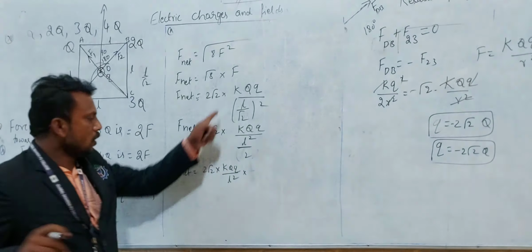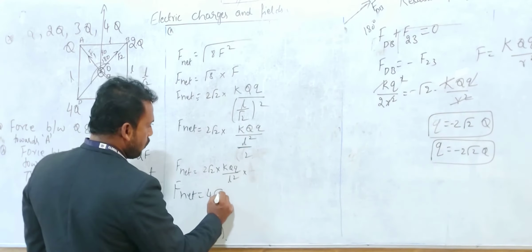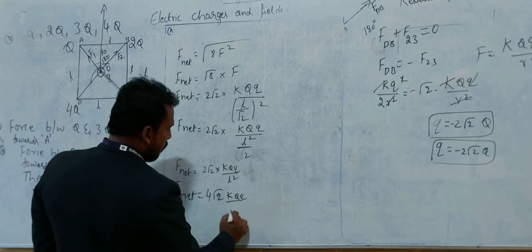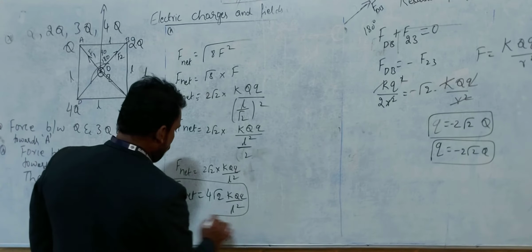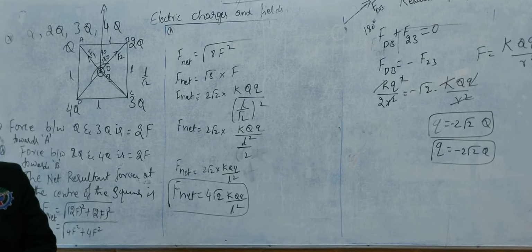F net is equal to 4 root 2 K Q small q divided by L square is the answer. If the side of the square is L, 4 root 2 K Q small q divided by L square is the answer.